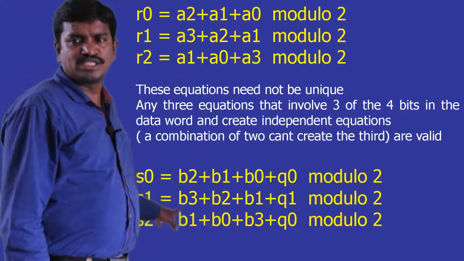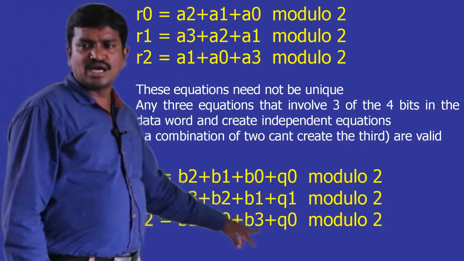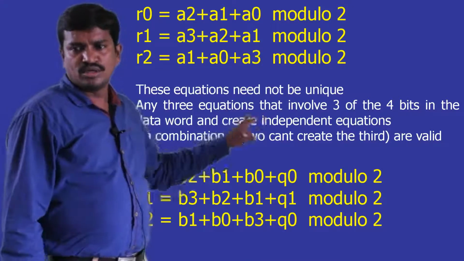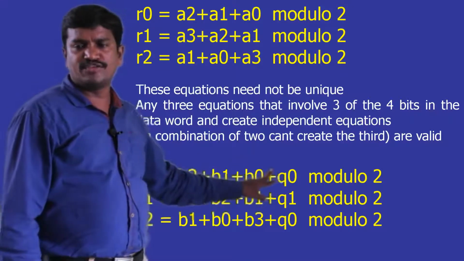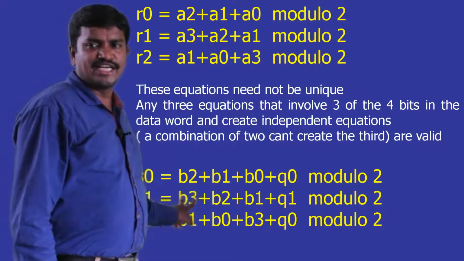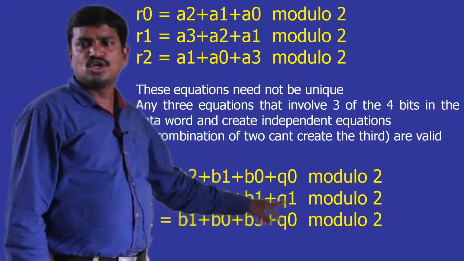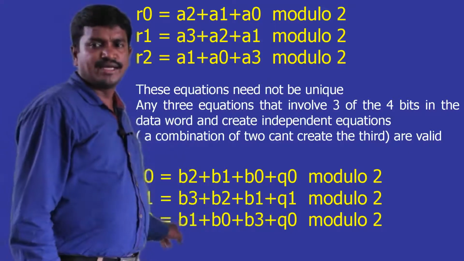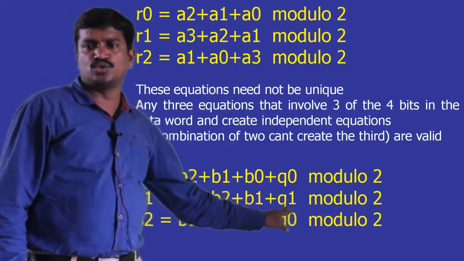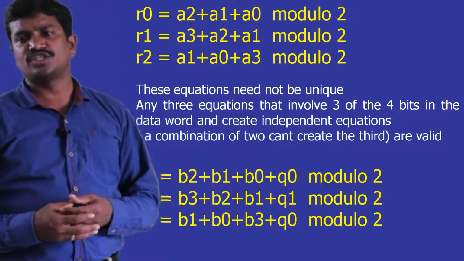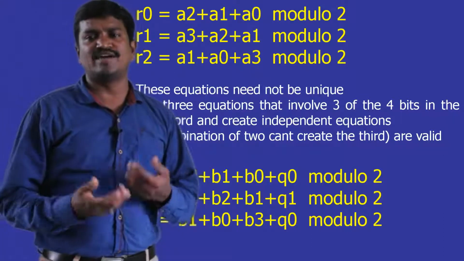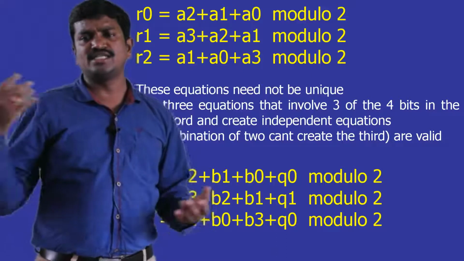This last one is Q2, not Q0, because S0 is identified with this followed by Q0, S1 is identified with the same kind of equation followed by Q1, which we have received, and S2 is B1, B0, B3, and Q2. This way a set of equations is given, and these equations are used by sender and receiver to generate the values of redundant bits and syndrome bits.